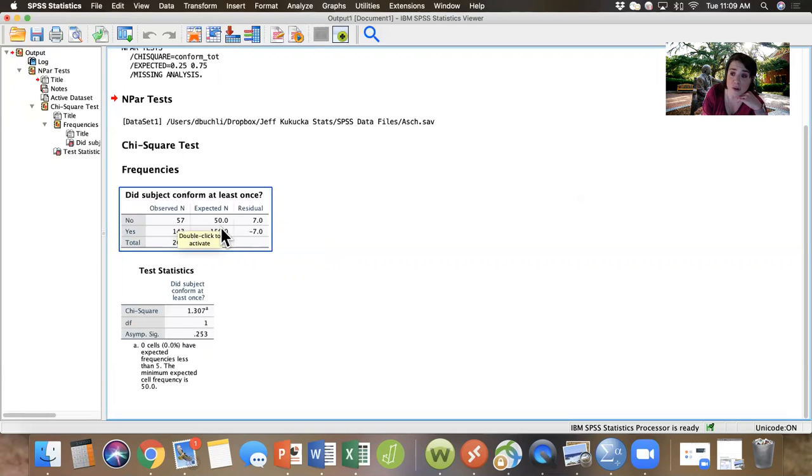Because remember, the alternative hypothesis that Dr. Mori is making, the research hypothesis, is that we won't have the same percentage as Asch had in the 1950s in terms of the percent of people that conform. So Dr. Mori is hypothesizing that the percent of people that conform will be significantly lower than 75%.